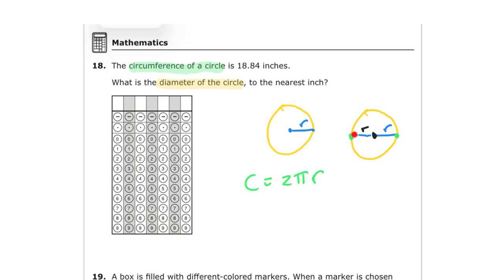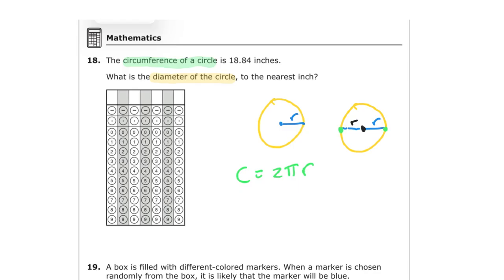It's this radius plus this radius, and that would give you the diameter. So the diameter, I'll call it D, is equal to 2r. And if you think about it, that 2r is here. Therefore, we could rewrite the formula for the circumference of a circle to be 2 times r times pi, because you could indeed rearrange all of this.